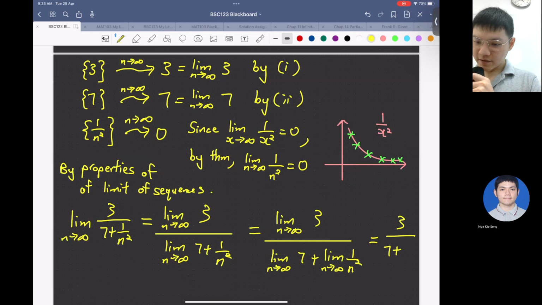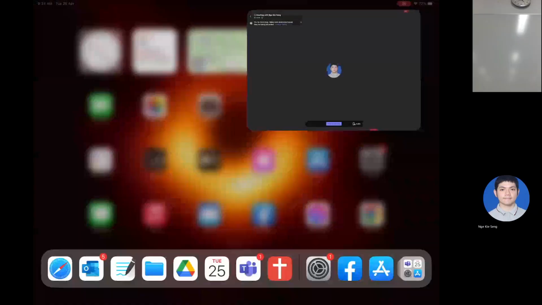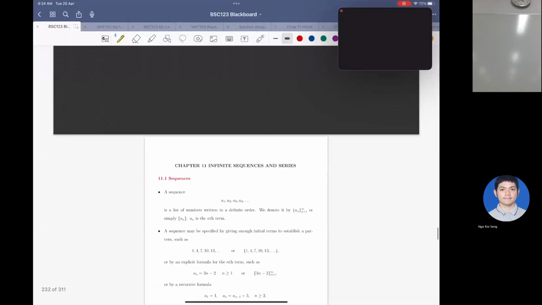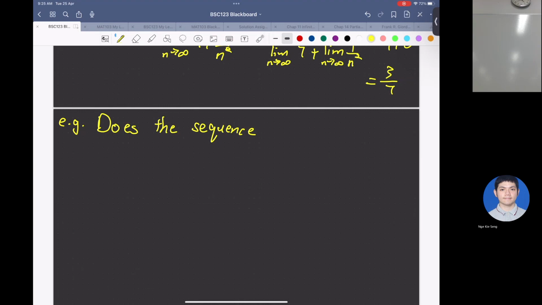Okay, next. Let's check: does this sequence converge or not? Let's continue.